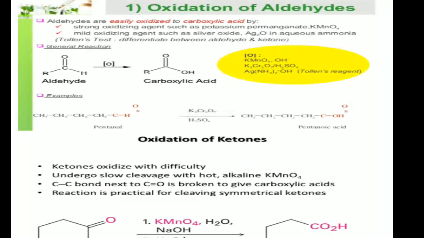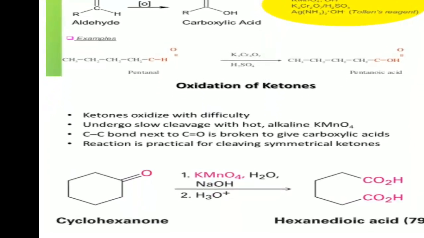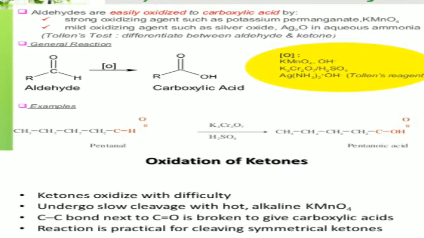Generally, aldehydes or ketones produce carboxylic acids in the presence of oxidizing agents like potassium permanganate, acidic potassium dichromate. Next, Tollens reagent.